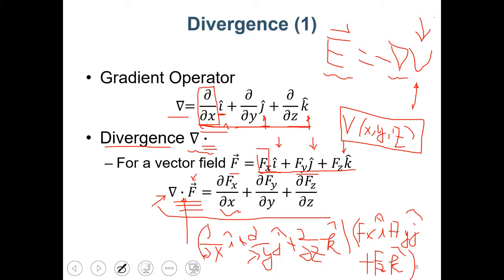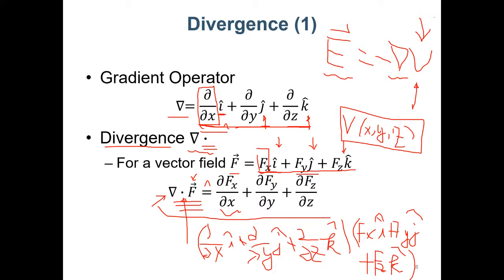So if you multiply it out, then you'll get 9 terms, but 6 of them are zeros, and only 3 terms are remaining. So the only 3 terms that remain are partial x, fx, partial fy, partial y, partial fz, partial z. So this is the definition of divergence.